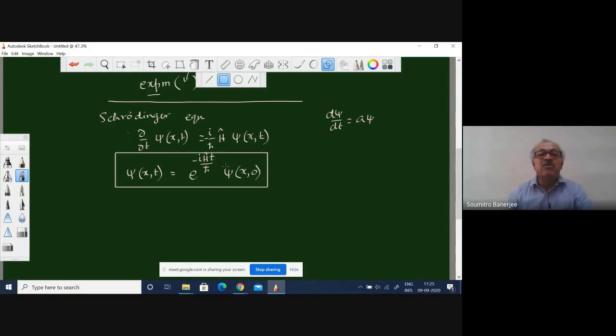And all you need to do is to do the exponential of the Hamiltonian matrix. For that, you will need to learn how to express the Hamiltonian as a matrix. We'll learn that slowly. But you can see that this is a direct application of operation of operators. Good. Okay, let's go ahead.